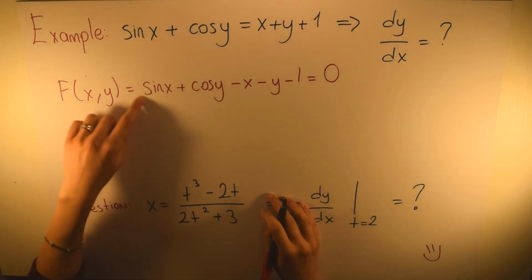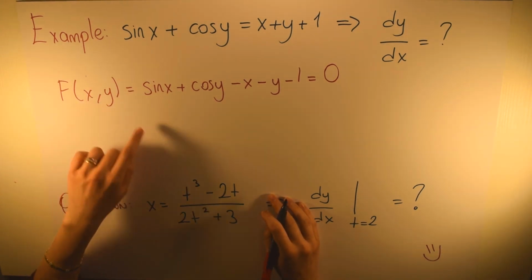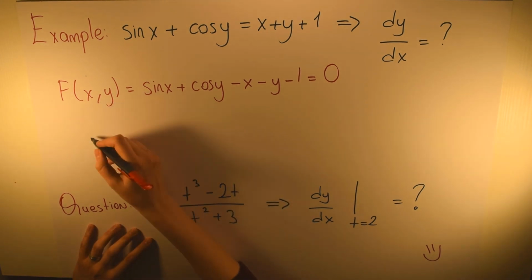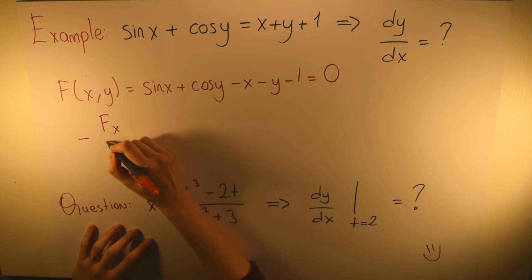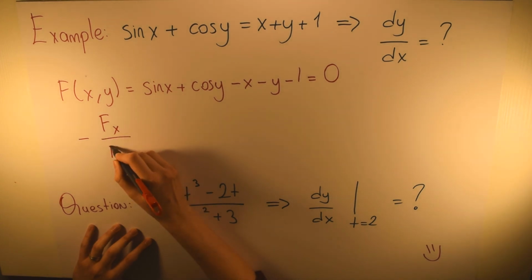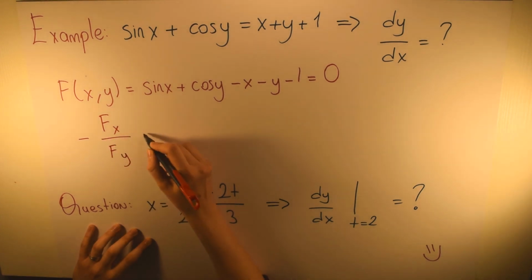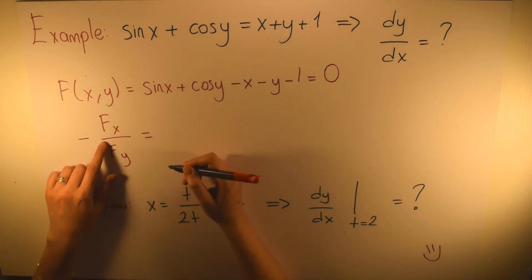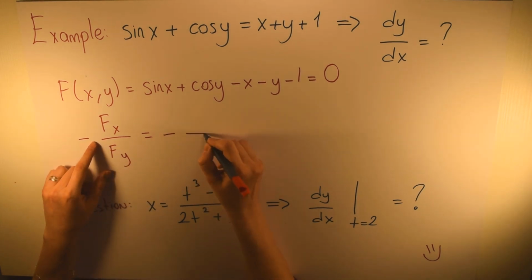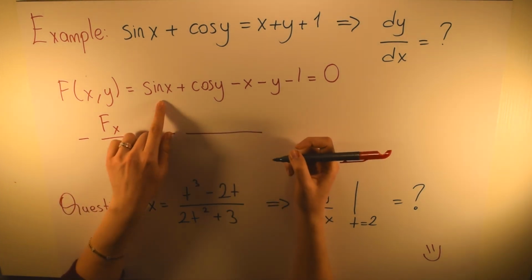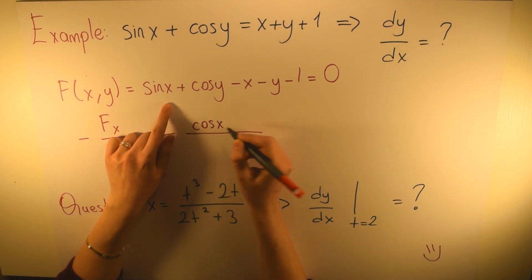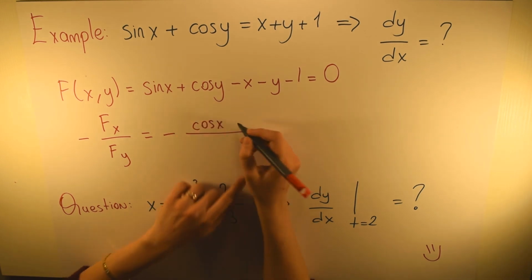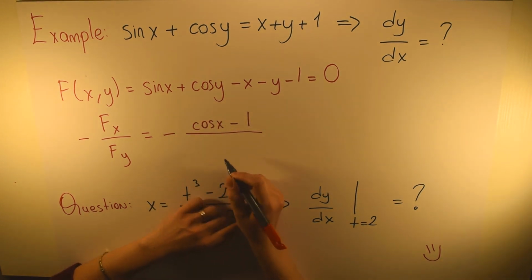Now I can take the derivative of f(x,y). So let's do that. This is equal to minus the derivative of f with respect to x over the derivative of f with respect to y. So let's see, sin x, its derivative is cos x, and this is 0. Here we have minus 1, right?